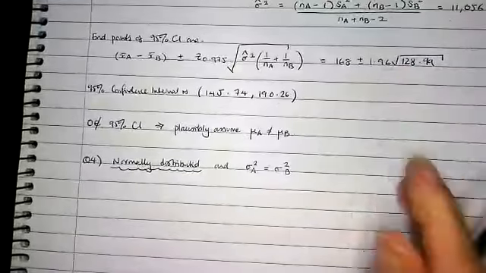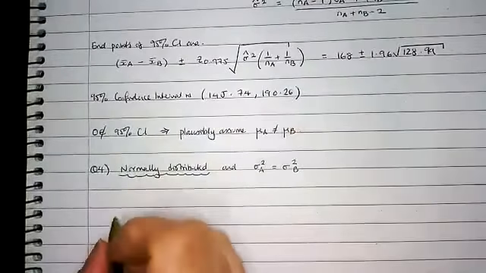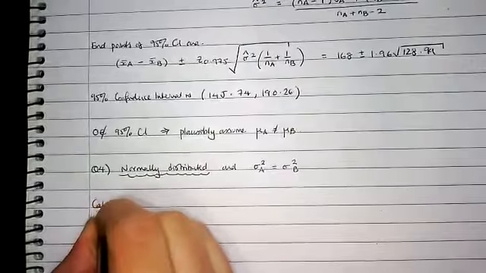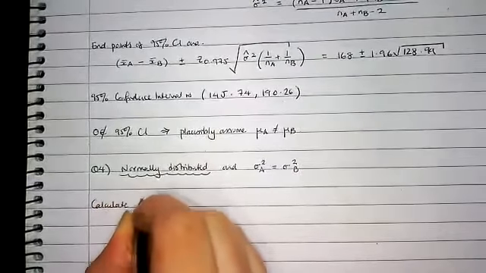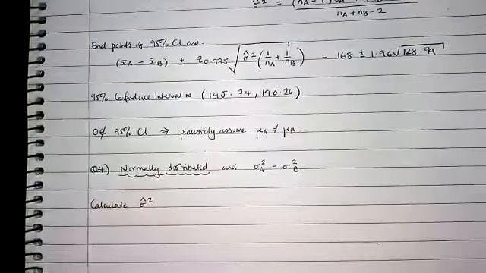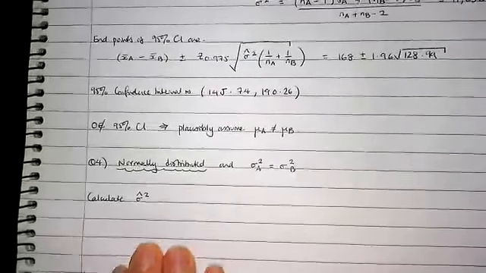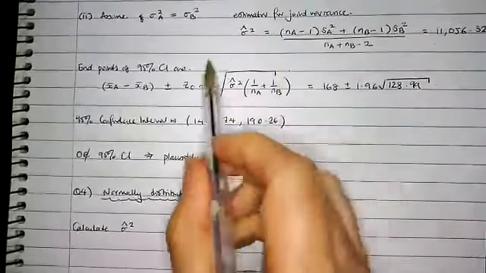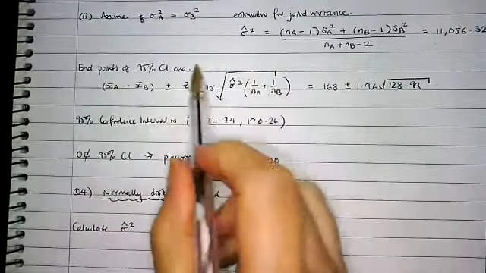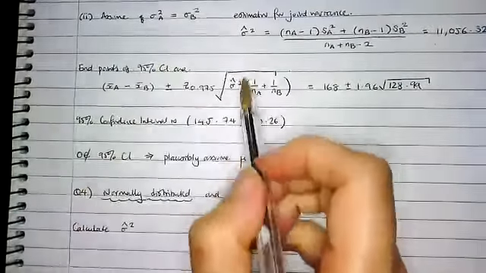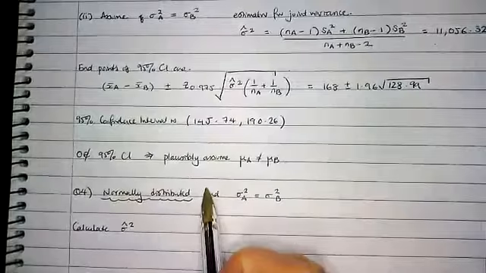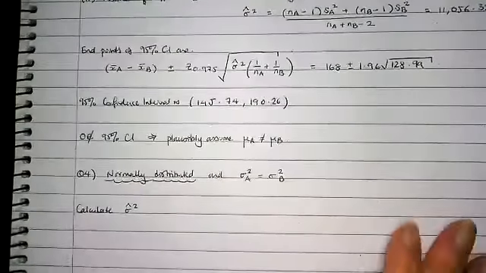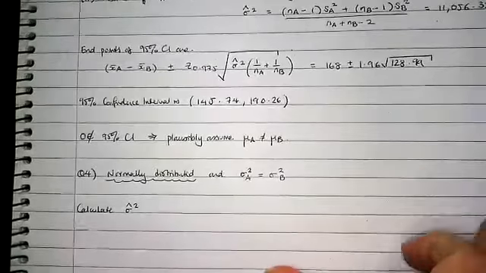So what I'd like you to do is calculate the estimator for the joint variance. Calculate sigma hat squared, and think about what formula you want to use for the 95% confidence interval in this case. It's going to be a little bit similar to this one here, but there's something that we're going to have to change because we've assumed normally distributed underlying data. So I'm going to give you until past to have a think about that.